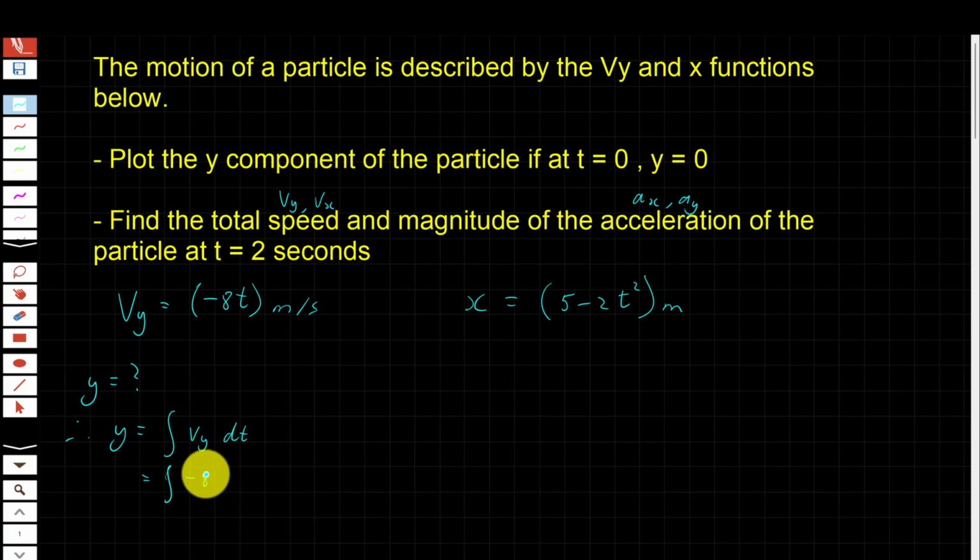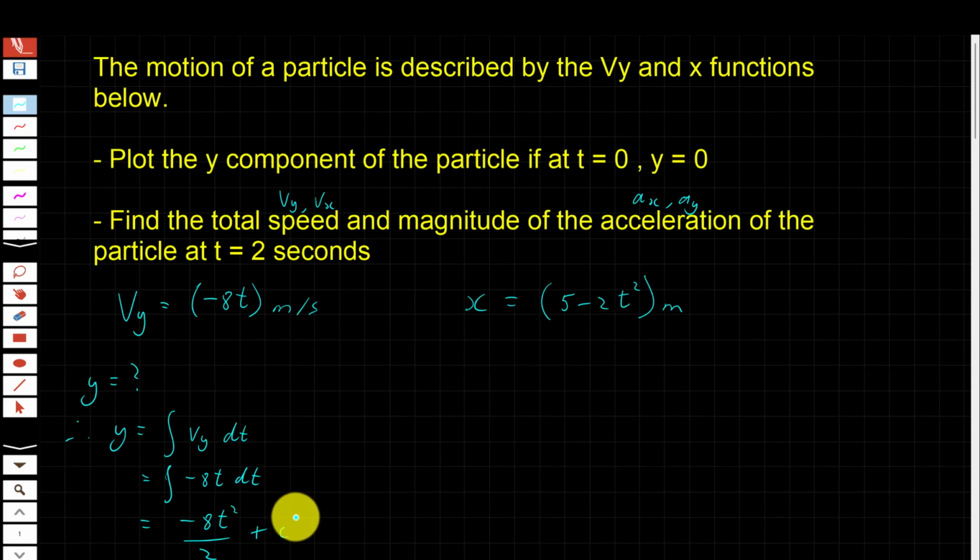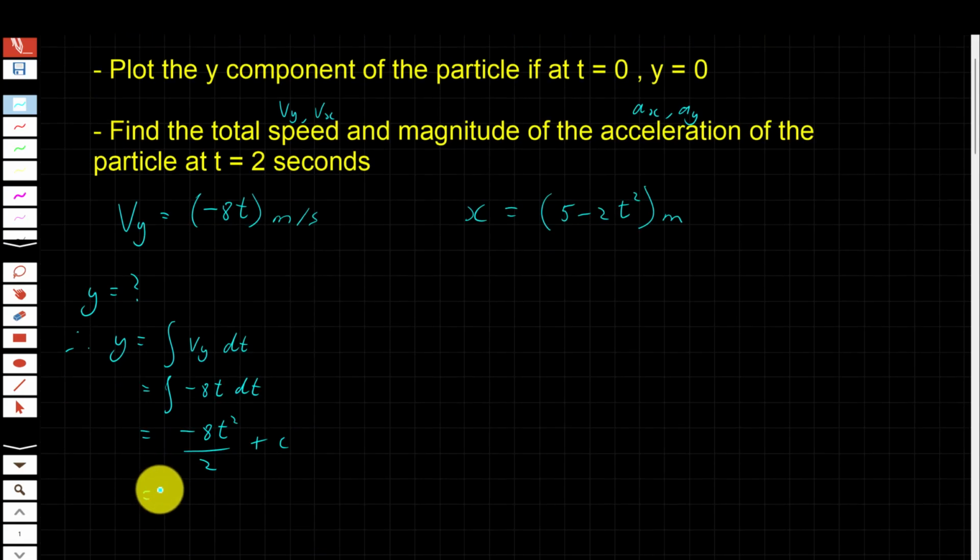So we've been given the velocity in the y direction, but we don't know the y position function. So we need to integrate velocity to get the y position function, and we've got that there. c is the constant of integration, but we're given a coordinate there, t equals 0, y equals 0. So we're going to use that to solve for c.